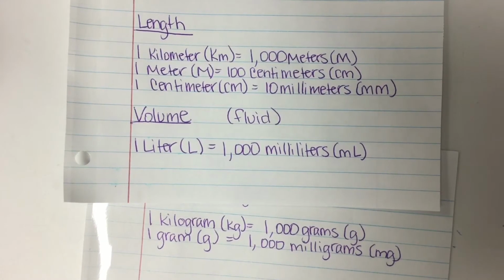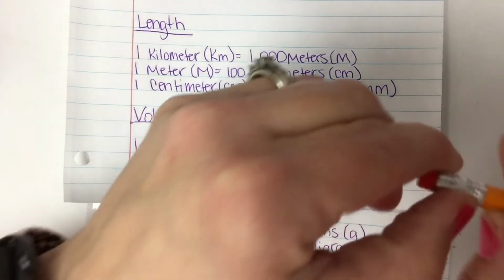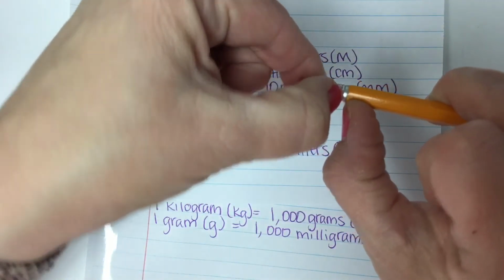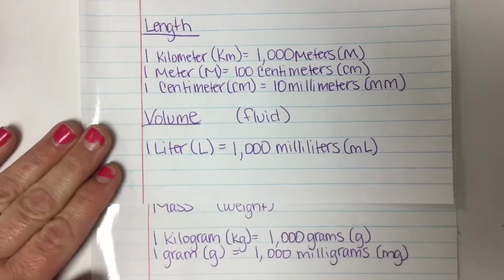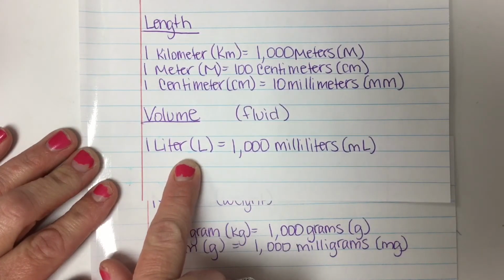A millimeter is about the thickness of a dime, and I don't have one on me, but it's teeny tiny. So a millimeter would be like one little piece of this pencil, this little silver part right here in between my fingers. Okay, so that would be a millimeter. Volume, liter, is like a 2-liter Coke.